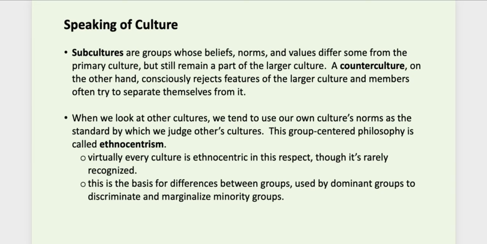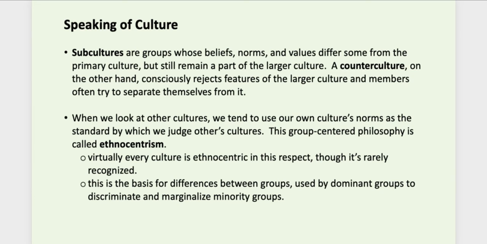An example of a subculture might be a Chinatown or a Little Italy, where there are differences perhaps in how things are done, and yet they're still a member of the larger culture. A good example of a counterculture was the hippie movement of the 1960s, where the individuals involved really tried to separate themselves from the larger culture and live on their own.